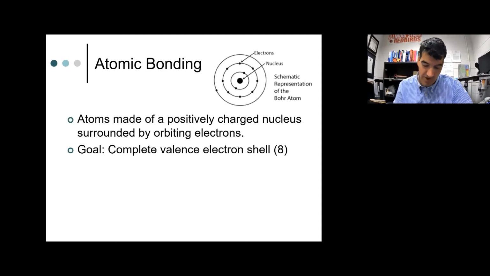So it's probably more accurate to say that they are most stable when they have a full or complete valence outer electron shell. If it makes you happy to think about atoms seeking happiness by having a full valence electron shell, hey, that's great. If that works for you, that works for me.